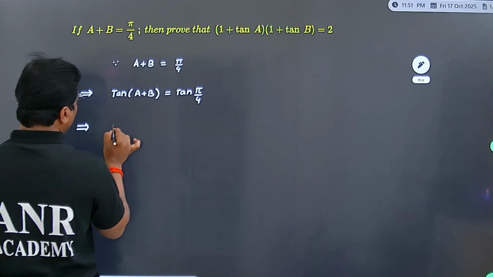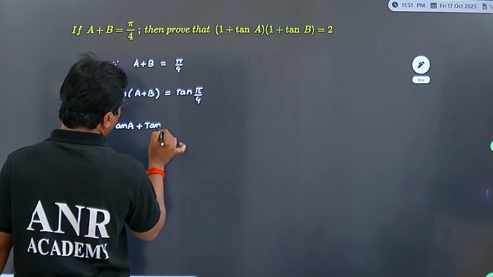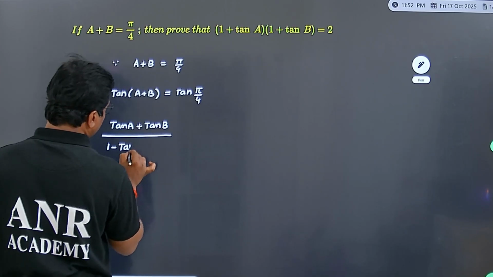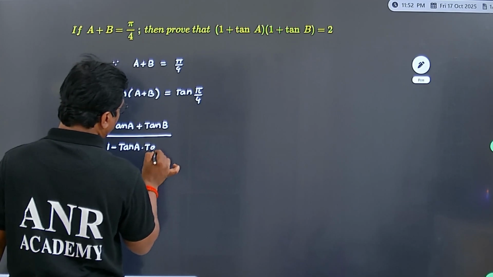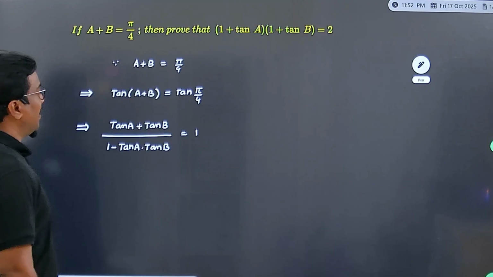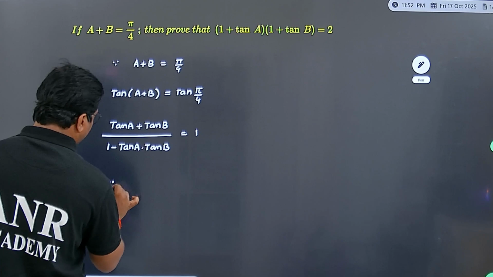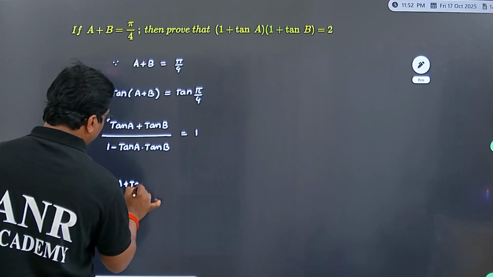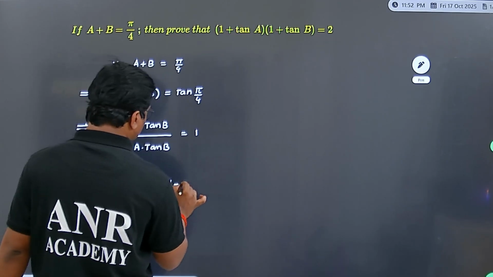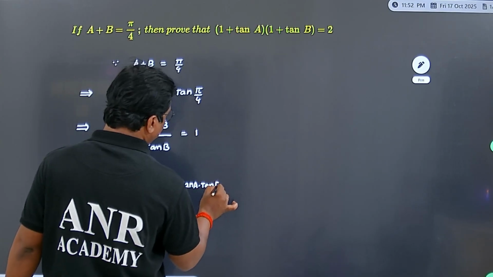Tan (a plus b) formula: tan a plus tan b whole divided by 1 minus tan a into tan b, and on the right hand side tan 45 degrees value equal to 1. On cross multiplication we get tan a plus tan b equal to 1 minus tan a into tan b.